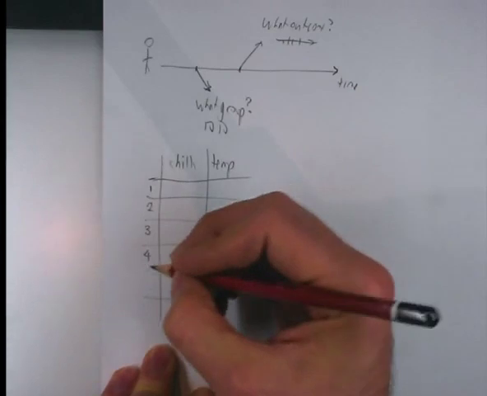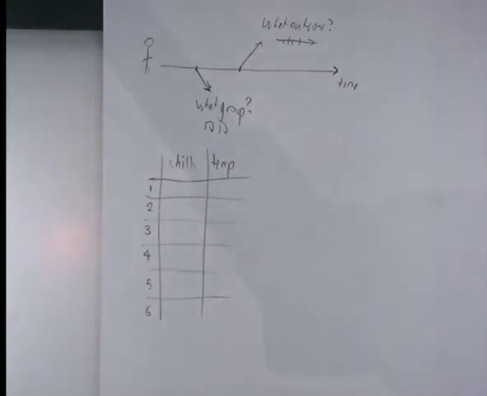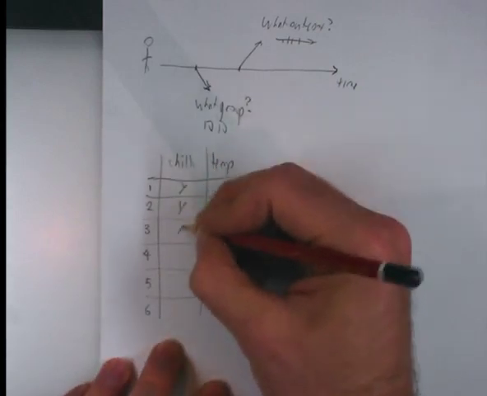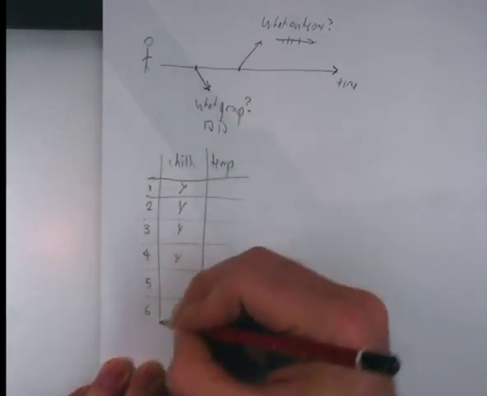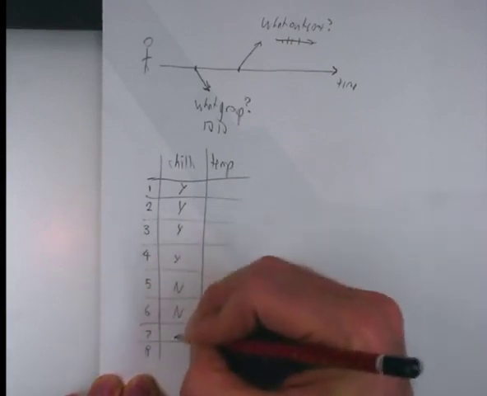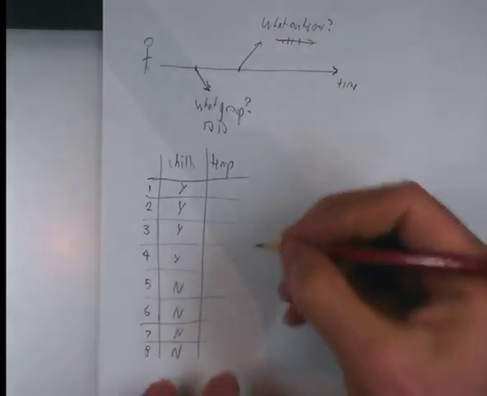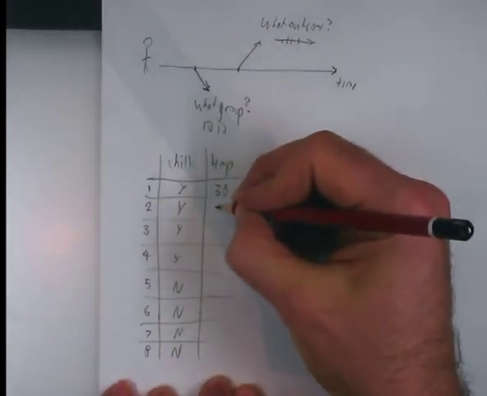So these are my people. And I've got a group with chili and a group without chili. That's how it will look if you've got an unpaired T-test. You'll have a collection of people with one category and a collection of people with the other category, and they've all got their own temperature.